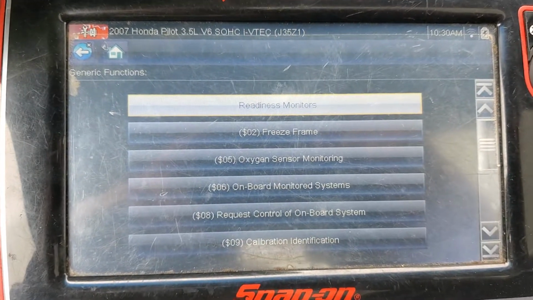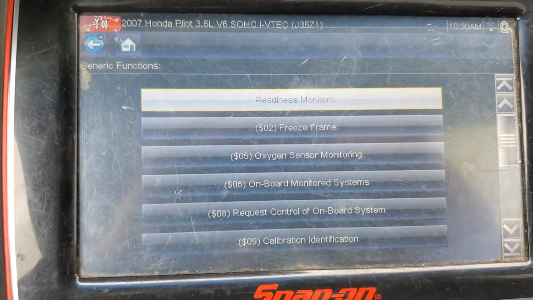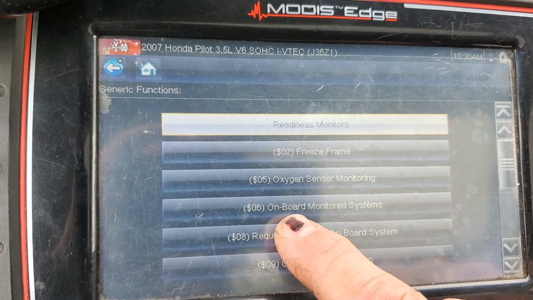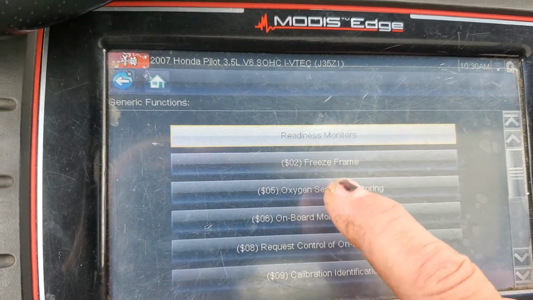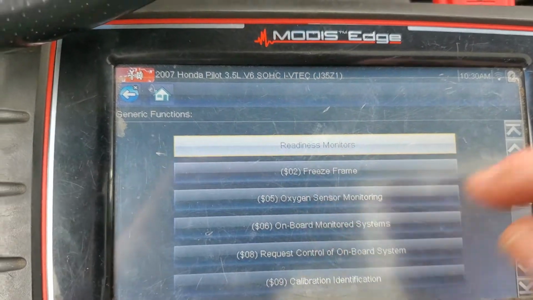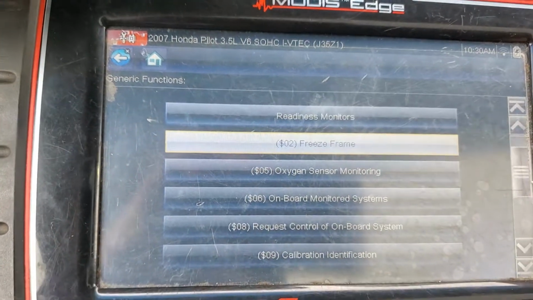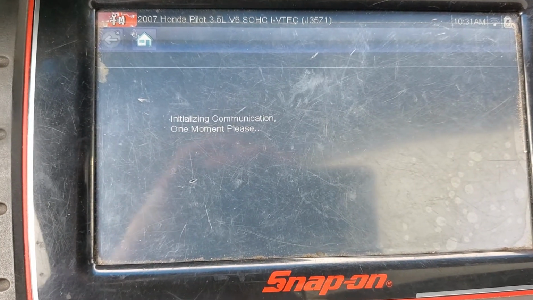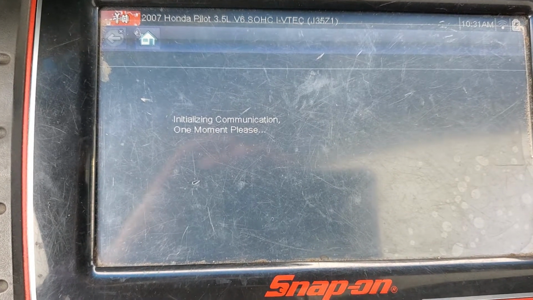So, what you got here is I'm on the OBD2 side, all right? And you see right here, you got 06 is your onboard monitor, and 02 is your freeze frame. So we want to go there, and you hit it. And it's going to ask you what code you want to look at. Some of them prioritize it for you.